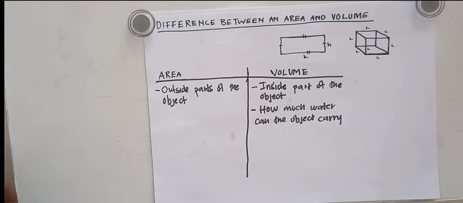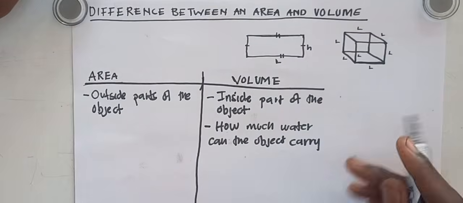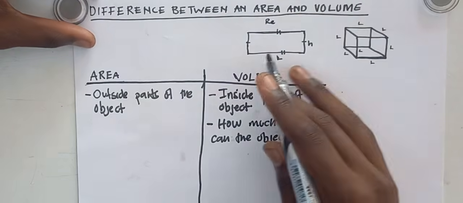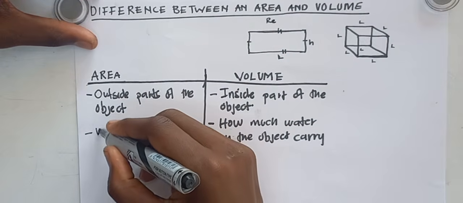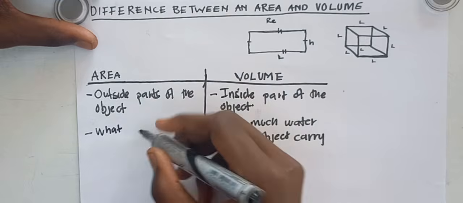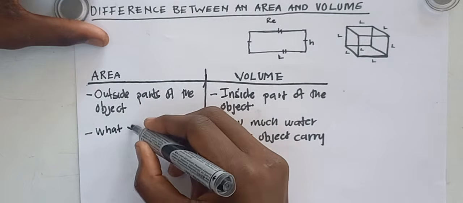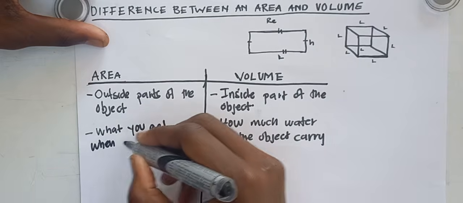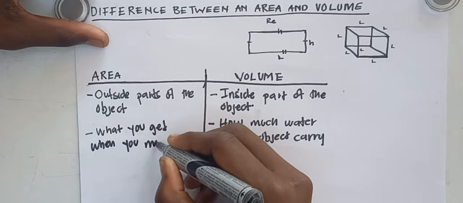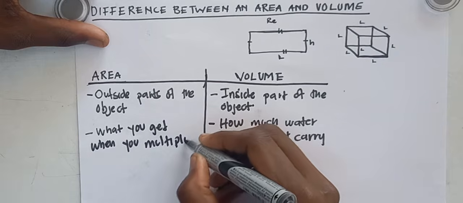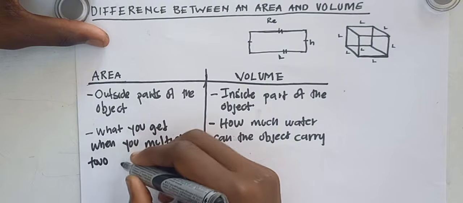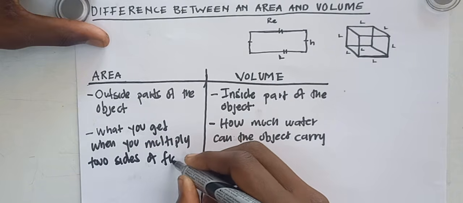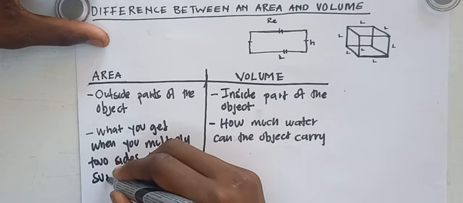Let me show you what I mean when I say we talk about the outside part. When we want an area of, for example, this rectangle, an area is what you get when you multiply two sides of a flat surface.